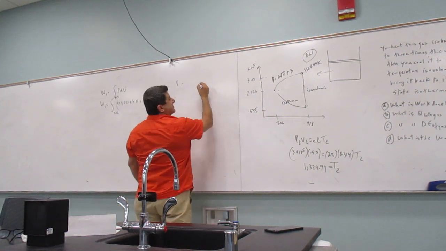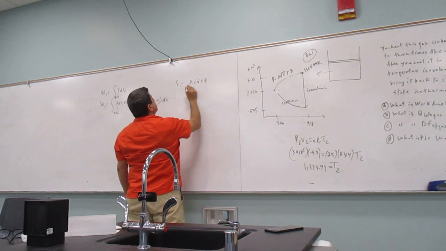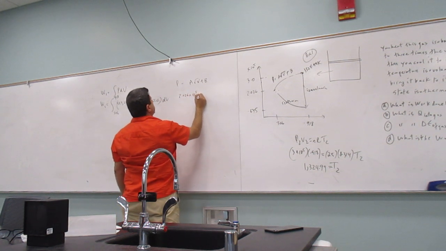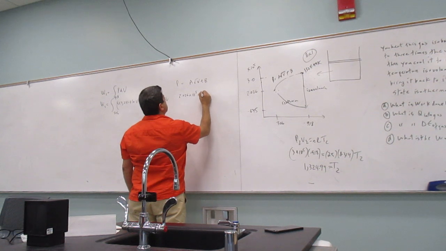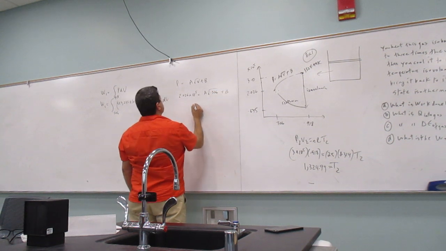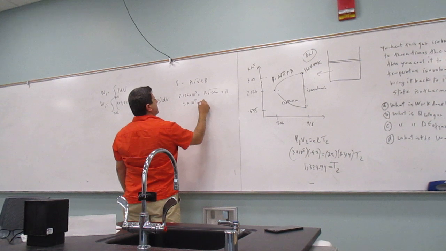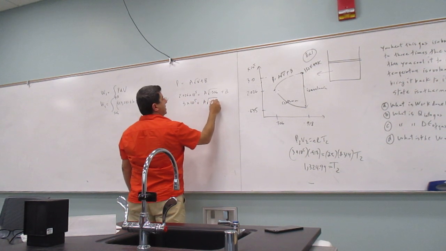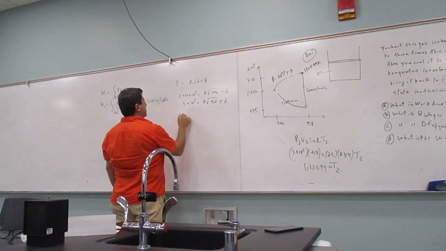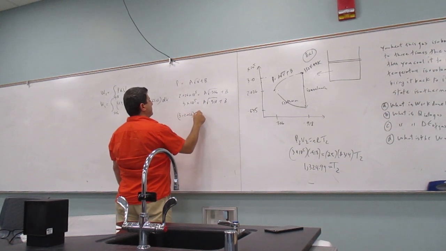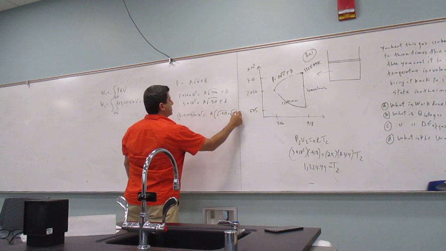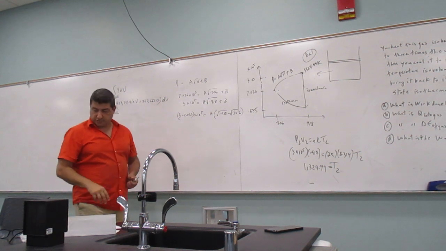So P equals A square root of V plus B. 2.026 times 10 to the fifth equals A square root of 0.306 plus B, and 3 times 10 to the fifth equals A square root of 0.918 plus B. Then you subtract them: 3 minus 2.026 times 10 to the fifth equals A times the square root of 0.918 minus the square root of 0.306.